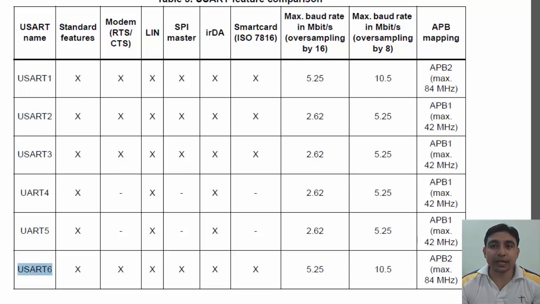So that means we have a total of 4 USART and 2 UART peripherals in this microcontroller, and we can choose any in our tutorial. As we are going to do UART communication here, we can use either UART 4 or UART 5, but we can use a USART peripheral also to do UART communication.